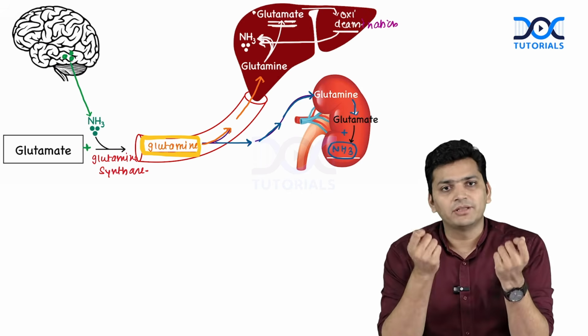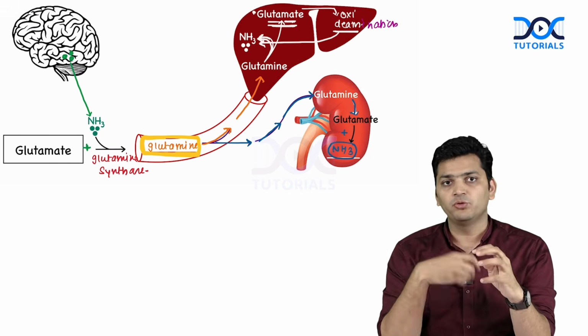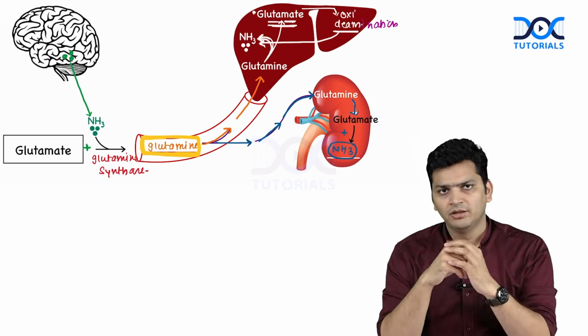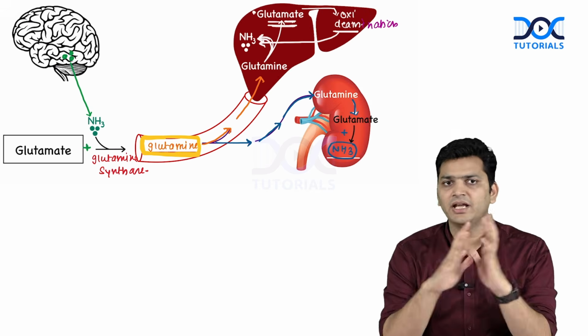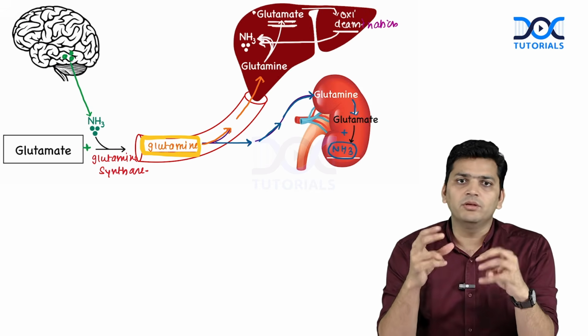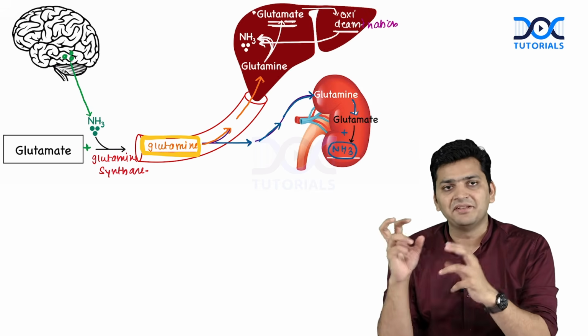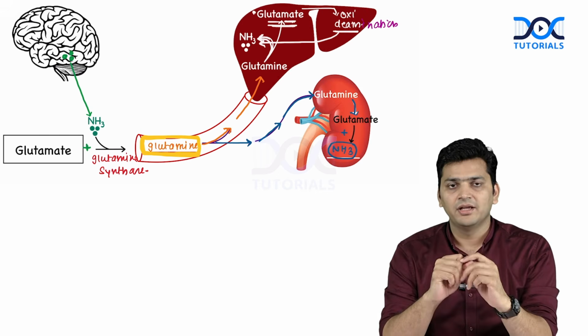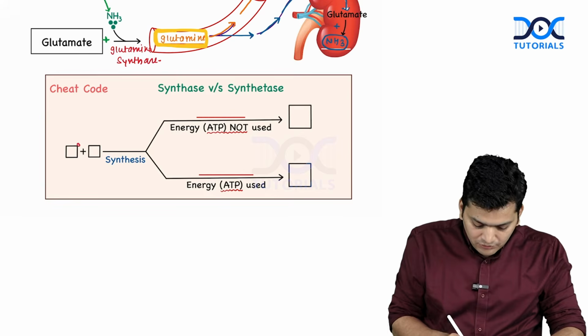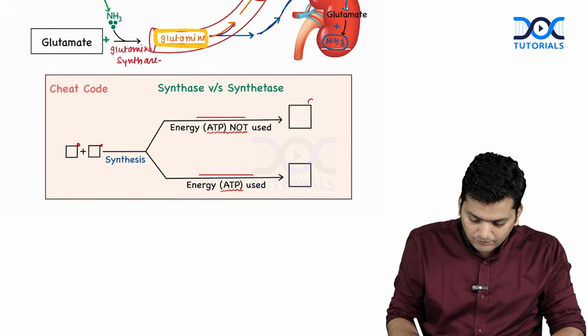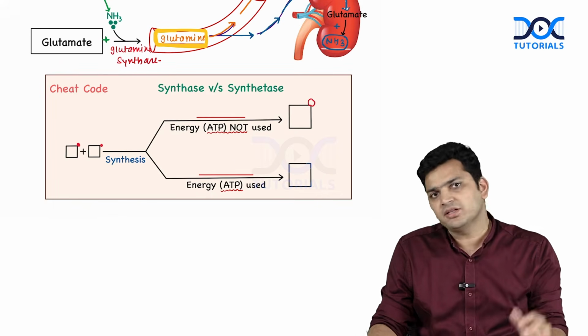Now, before I go to step number 4, I want to teach you the second thumb rule. The first was very easy. Whenever there is NAD, NADH or FAD, FADH, that is dehydrogenase. The second thumb rule is to understand the difference between the enzyme synthase and synthetase. Whenever we have two small molecules and they club together and make a big molecule, it is either a synthase reaction or a synthetase reaction.